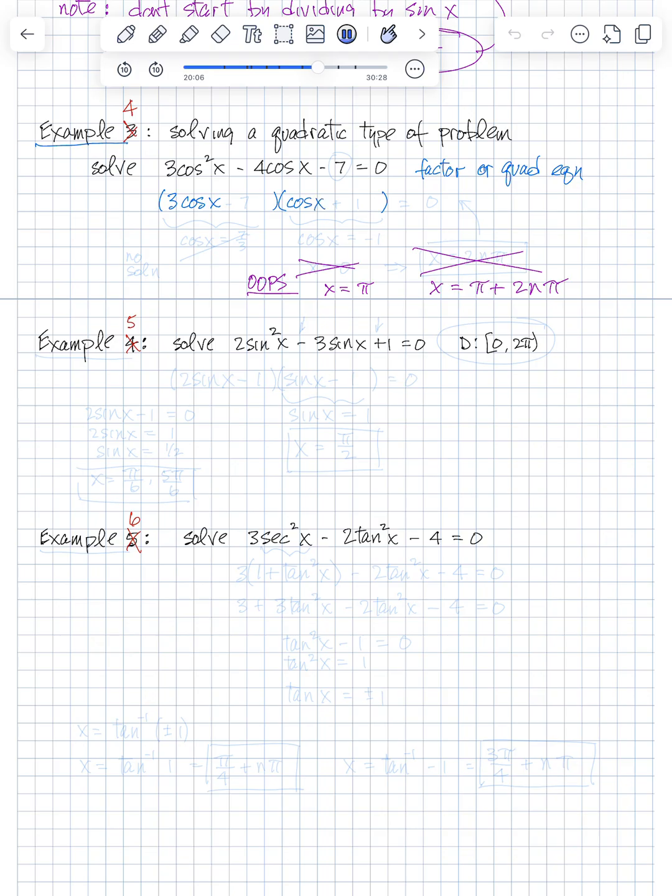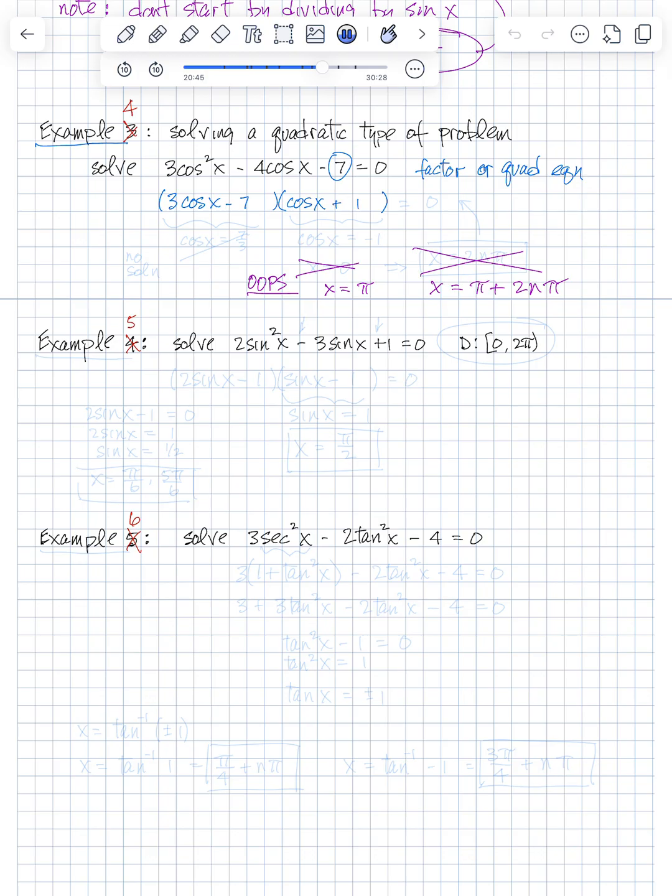Okay, we notice that both signs are negative. So that means one has to be positive, one has to be negative. We don't know which is which until we do a little bit of trial and error. But we do know, since our term is a -7, one has to be a -7, the other one has to be a 1. And so by trial and error, we'll just do 3 cosine x minus 7 and cosine x plus 1.